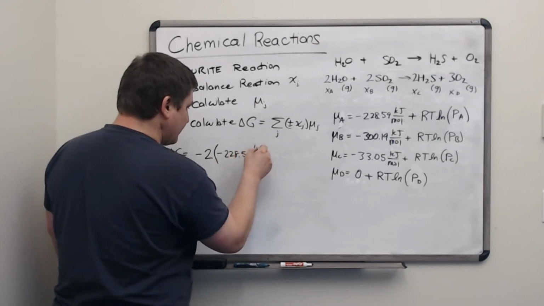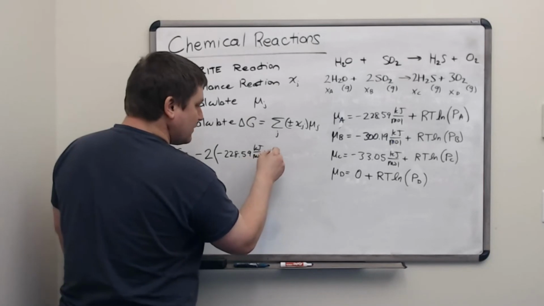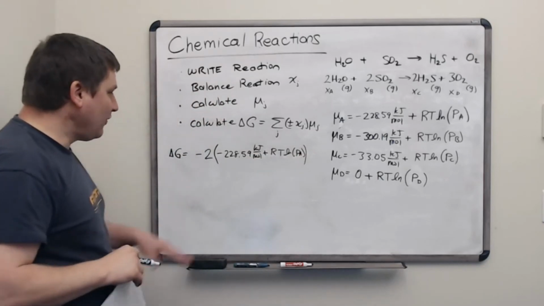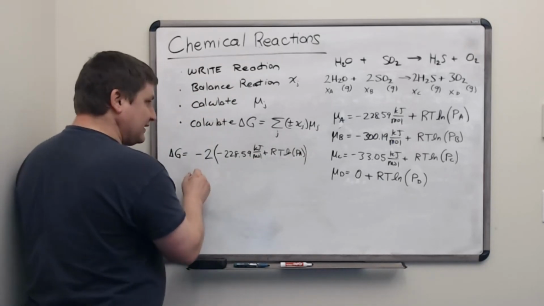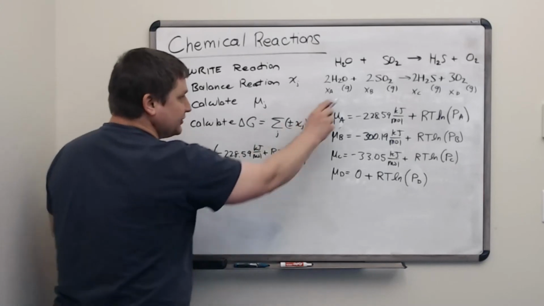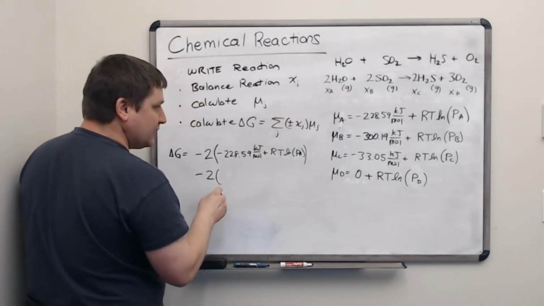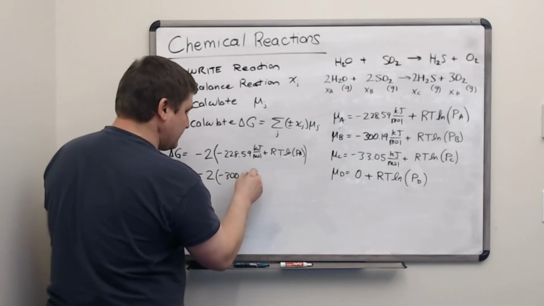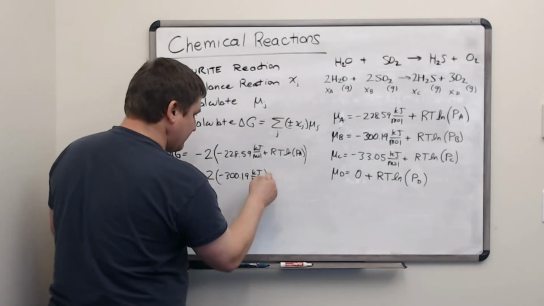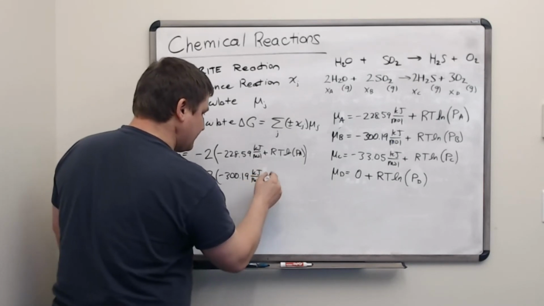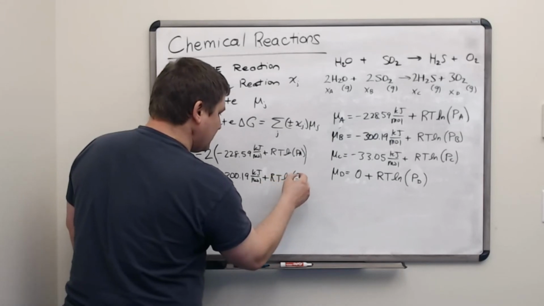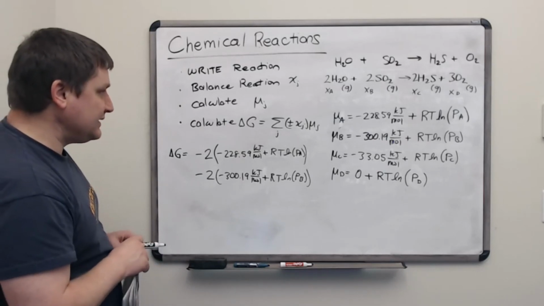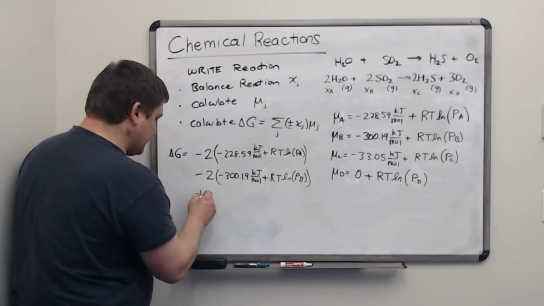minus 228.59 plus RT log P A. That whole thing is multiplied by negative 2. And then onto that we add another minus 2 for the sulfur dioxide. Then for the hydrogen sulfide, the H2S, we have a product, so it gets a plus.